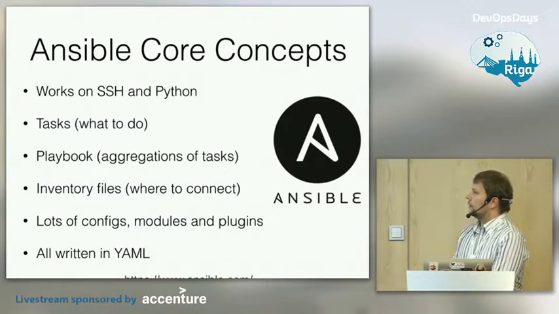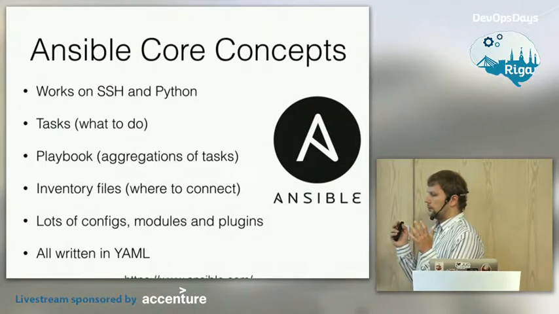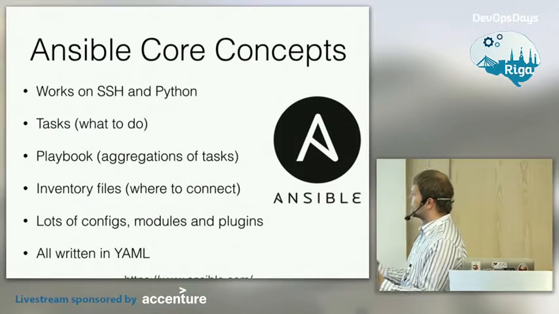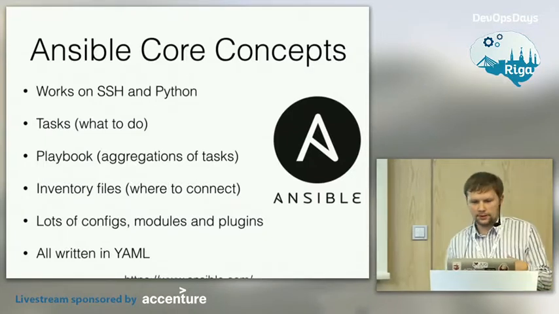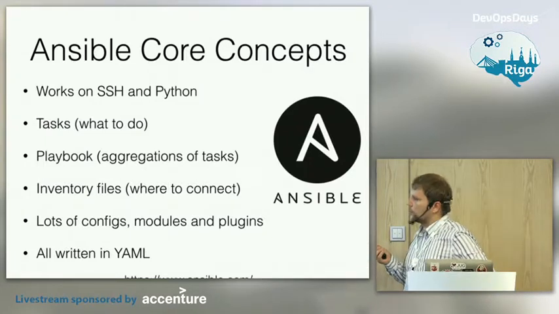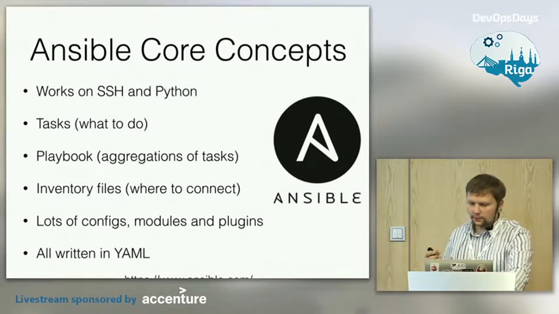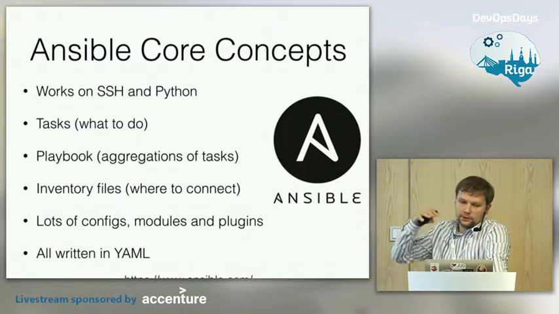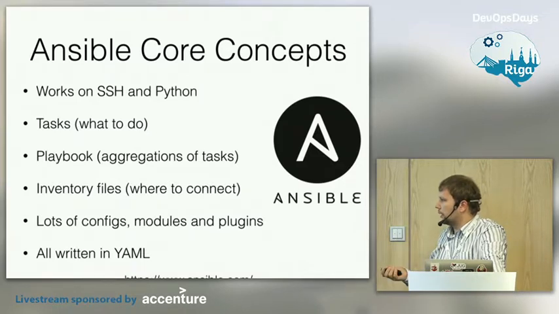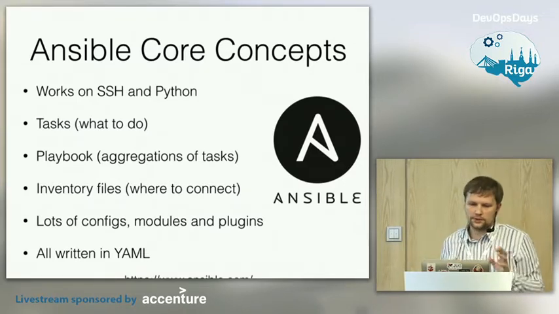So imagine you have bash scripts. Ansible is like a bash script, but it works using SSH and Python. But instead of writing shell scripts, you write in a language called YAML, which is similar to XML.